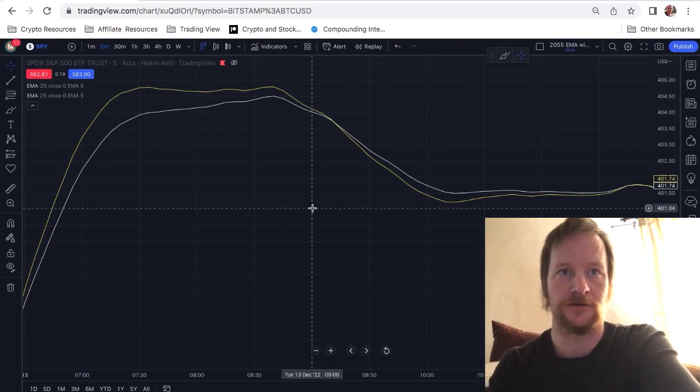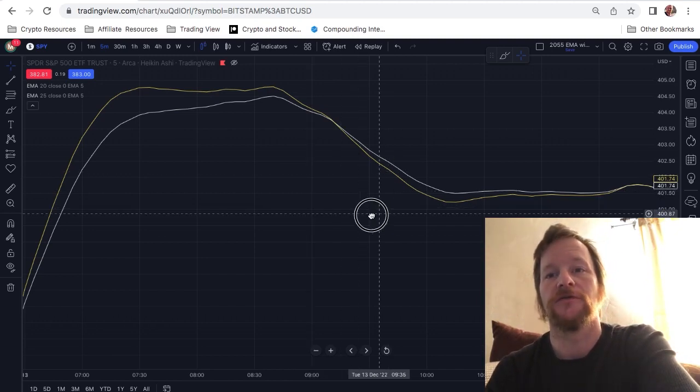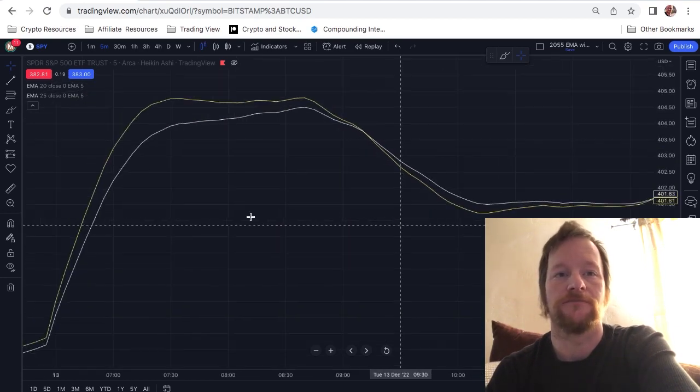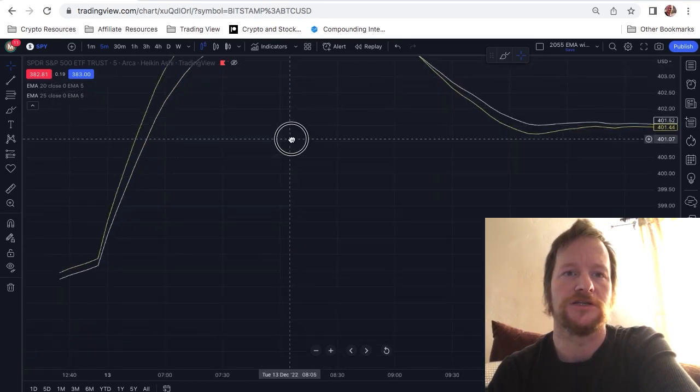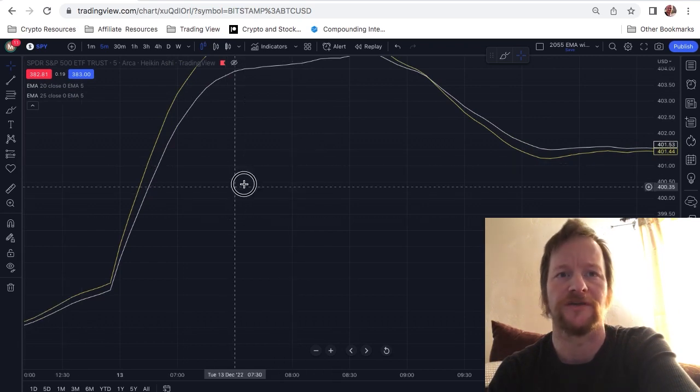You can have other indicators like some of the paid ones I've mentioned and the RSI to help you out, but I want to make this video as simple as possible, especially if you want to do options trading. The strategy's very simple. You've got two lines: the yellow line is the 20, the white line is the 25.